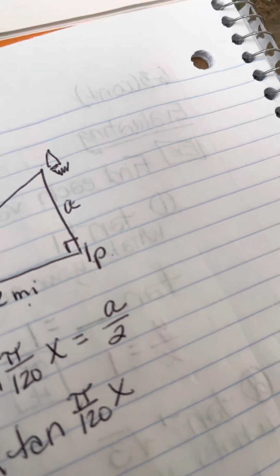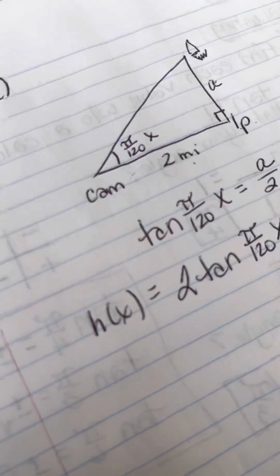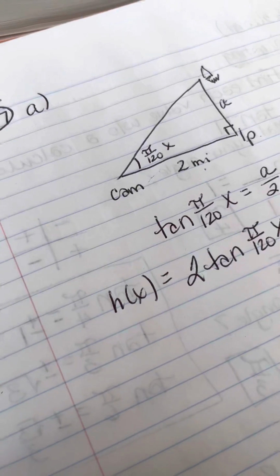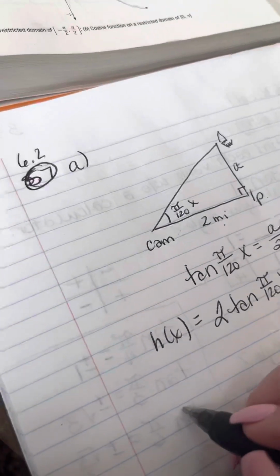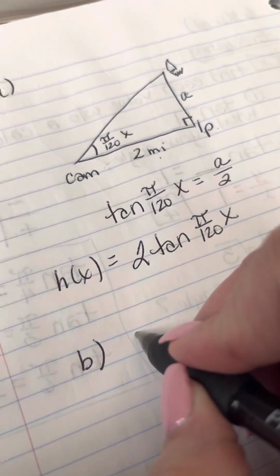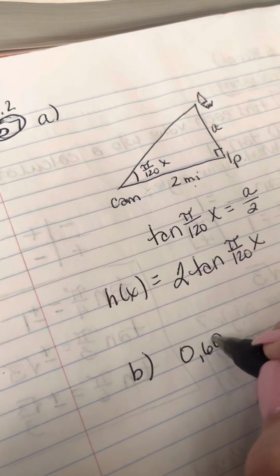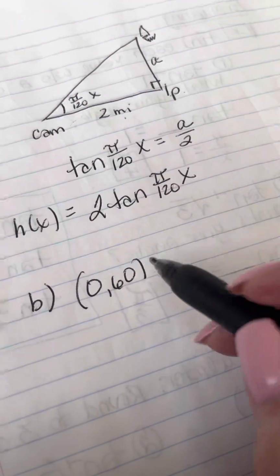And then for part B, that was part A, they want us to graph this on the interval from 0 to 60, and they don't want 0 or 60 included. This is a tangent graph.